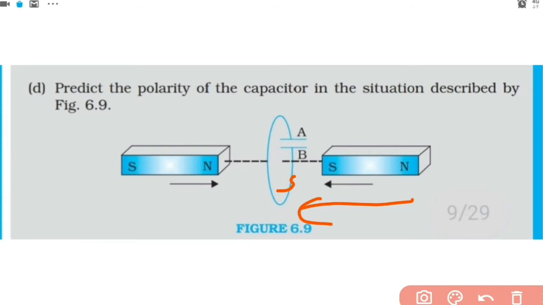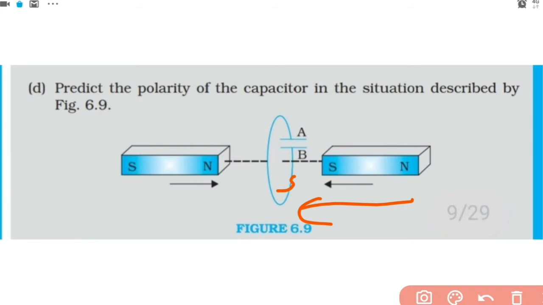According to Lenz's law, it should be like that. So for south to be induced, the direction of current, when we look from the right side, should be clockwise. Clockwise current means current flows from B to A. In the loop, it starts from B and ends at A. So the direction of induced current is from B to A.